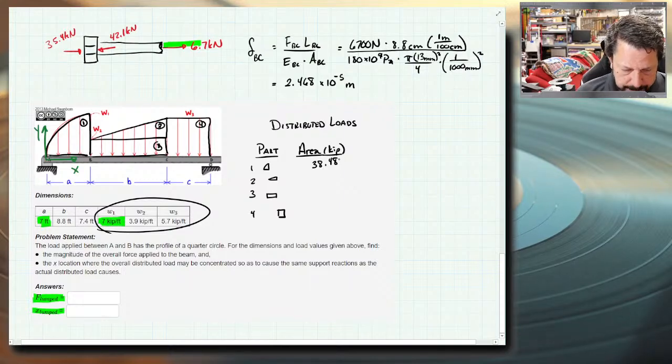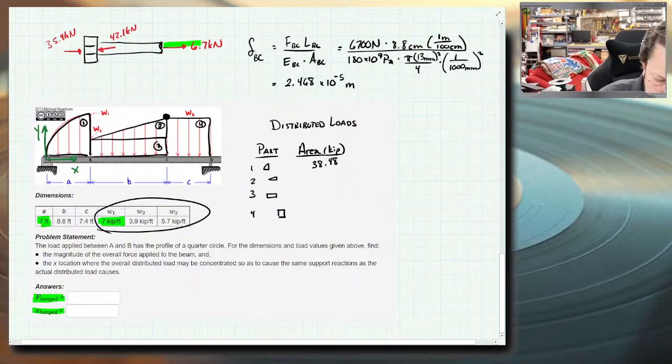The triangle is tricky also. It has a height at this point labeled W3, 5.7, except I only want the height of the triangle, which would be W3 minus W2. So 5.7 minus 3.9 gives a height of just 1.8 kips per foot, times a base B of 8.8 feet.